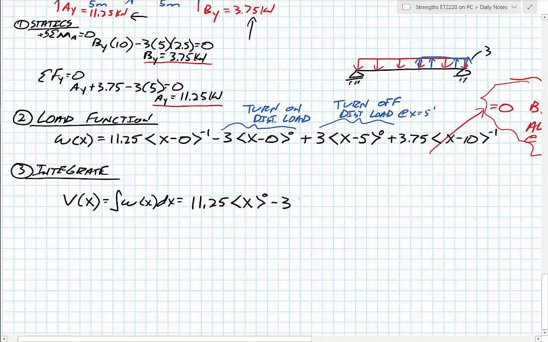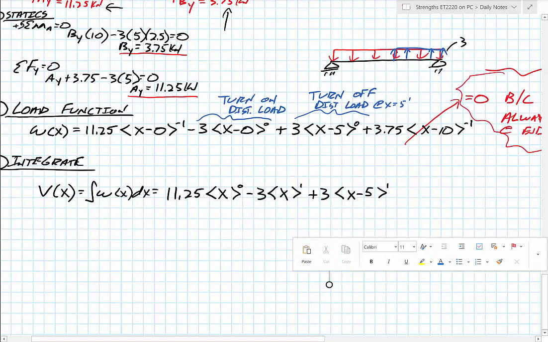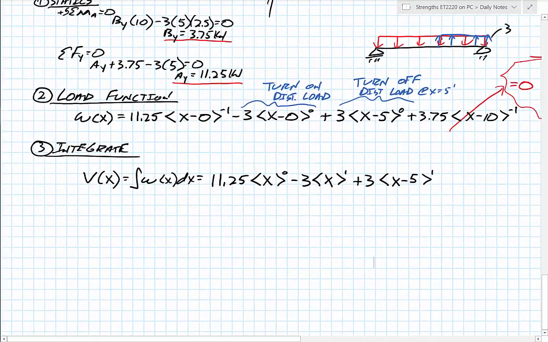So I have minus 3x, and then I'm also dropping that piece, and then 0 plus 1 is to the 1 power. And then the last one I have plus 3, and this is at x minus 5, and that is also to the first power. And I'm just dropping that last term, that 3.75, because it doesn't have anything to do with anything. So that's my first integration.